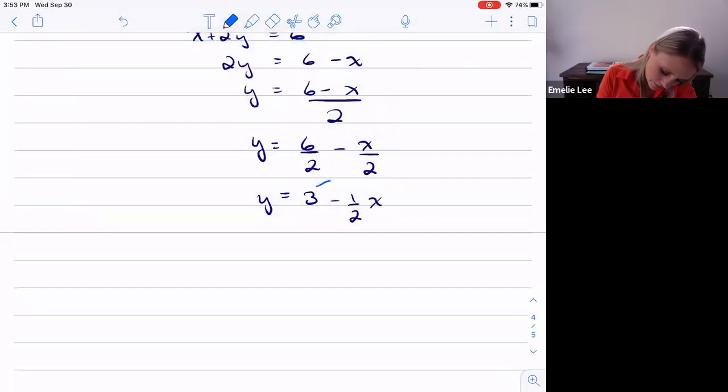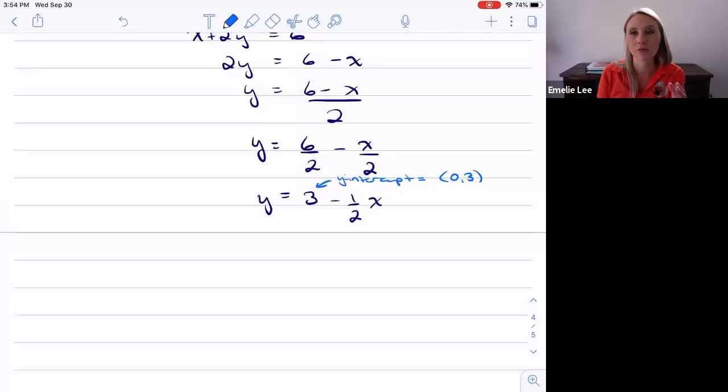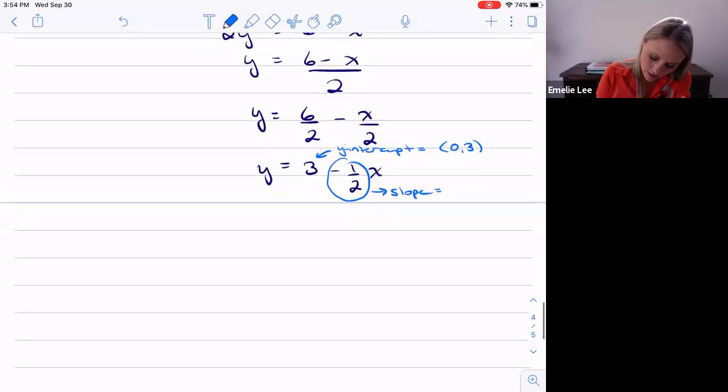So now the y-intercept is at 0, 3, right? The y-intercept by definition is where it crosses the y-axis, so that's where x is 0. And the slope is negative 1/2.